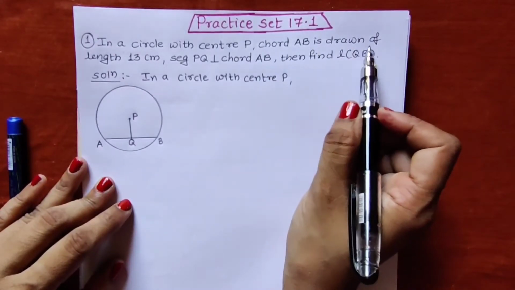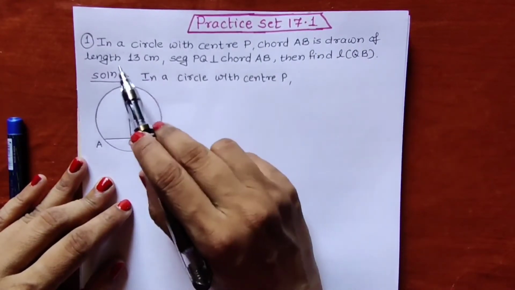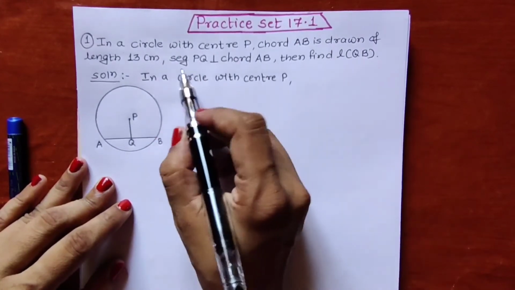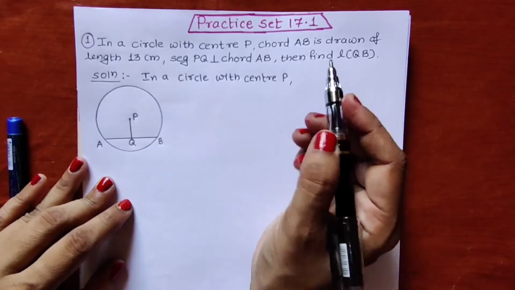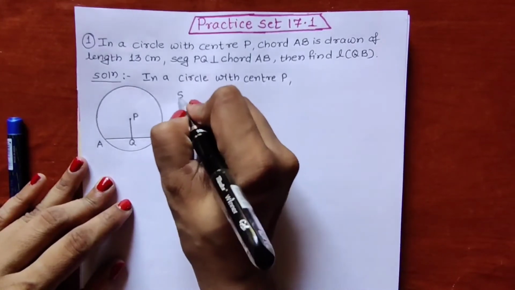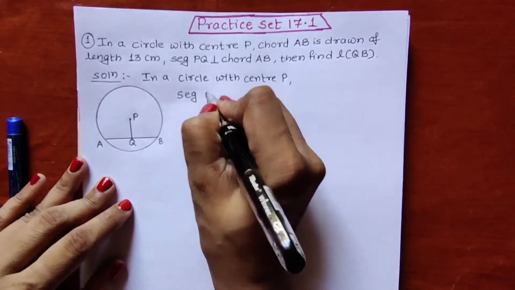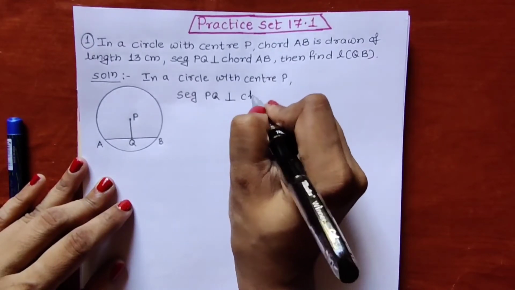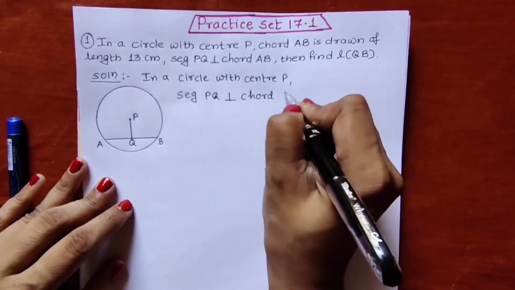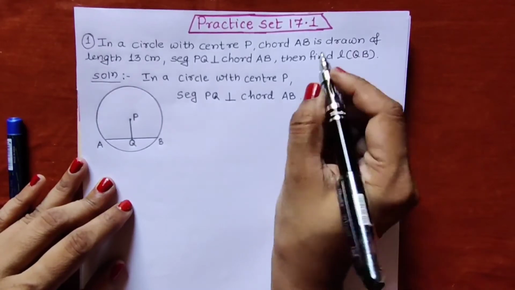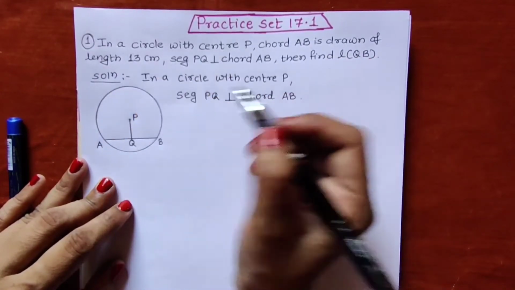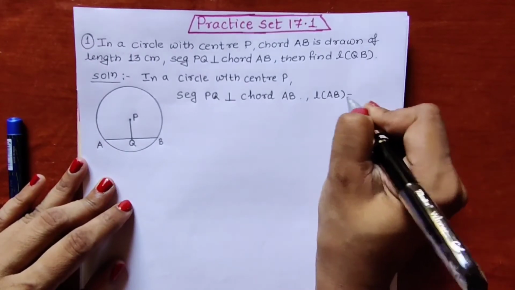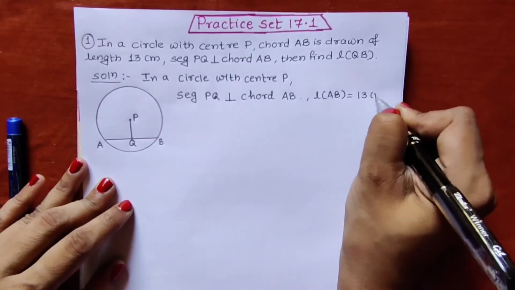Chord AB is drawn of length 13 centimeters and segment PQ is perpendicular to chord AB. So we write segment PQ perpendicular chord AB, and length AB is equal to 13 centimeters. All these things are given to us.